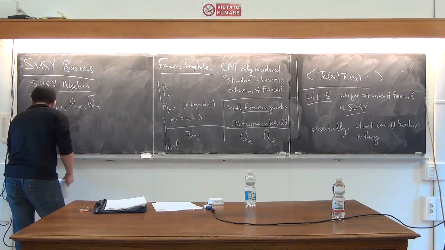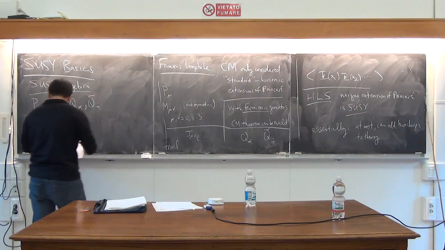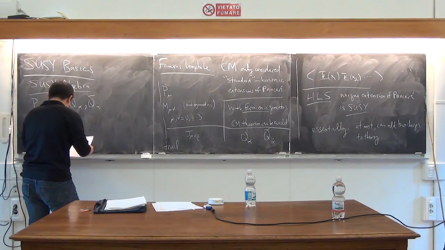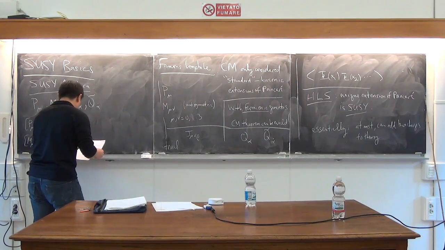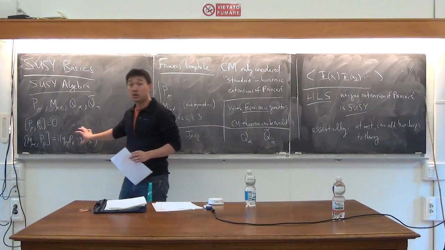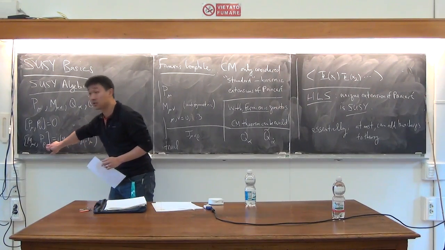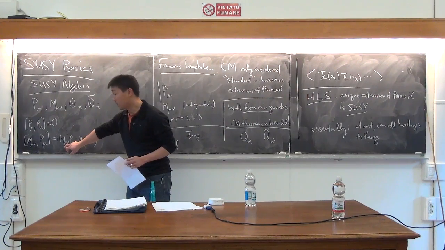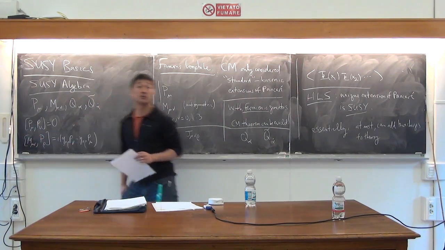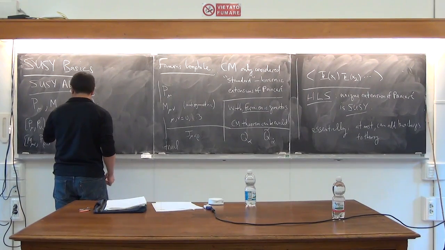For instance, the commutation relation of M mu nu with P rho is equal to i eta mu rho P nu minus i eta nu rho P mu. I didn't have to derive this. It's basically given to me by the indices that P carries and the antisymmetry of the generators. And also there's another one. I'm not going to write that one out.